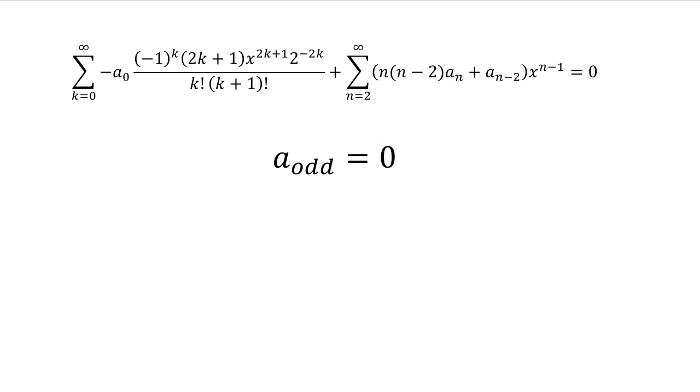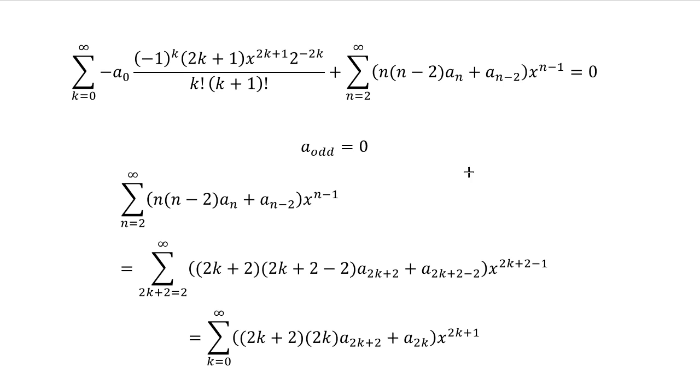So if you know that all the odd terms are 0, then that means we can only consider this when this is even, right? So when is n minus 1 even? Well, that's when n is odd, right? So that's something you can always do.